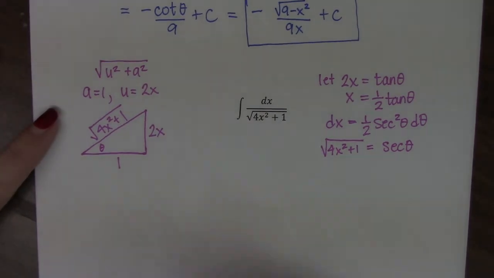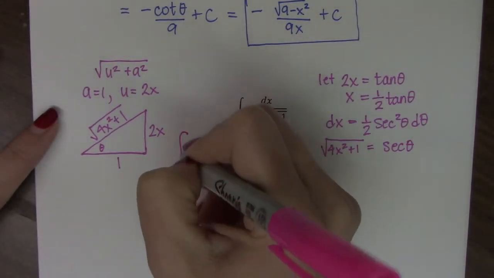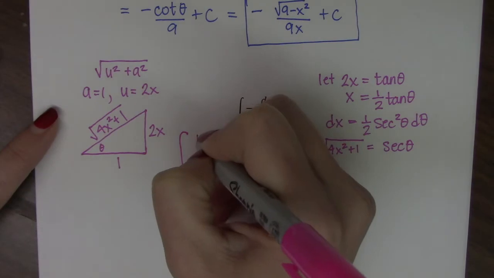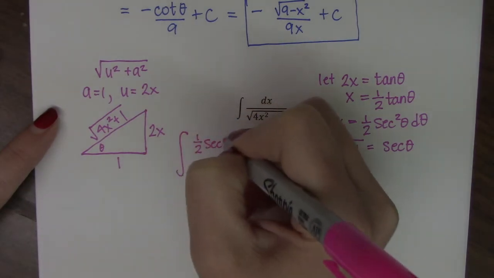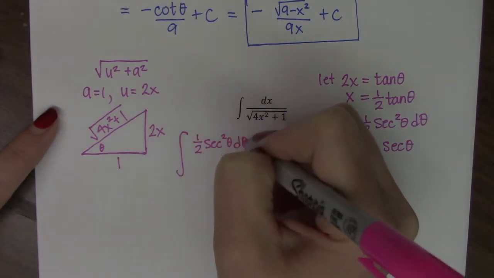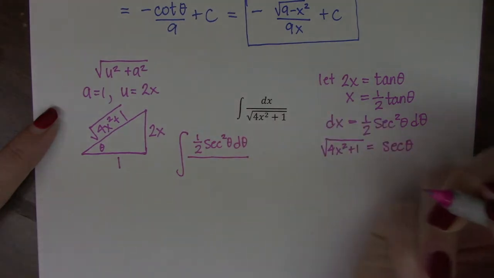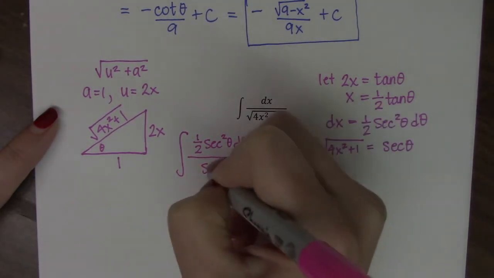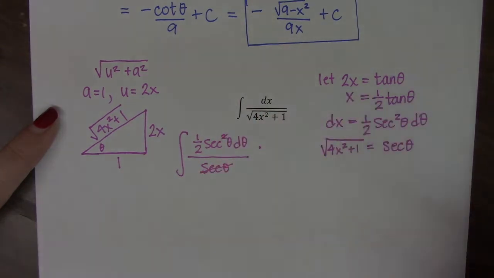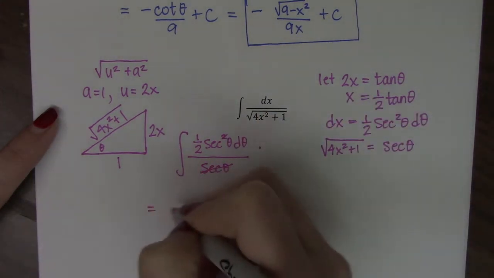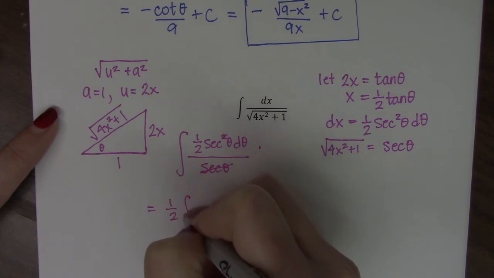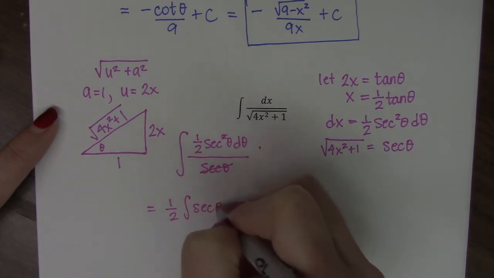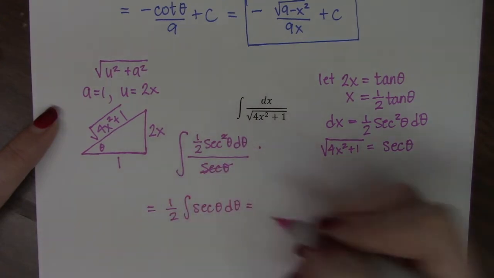So now I'm ready to translate this. So dx is 1/2 secant squared theta d theta. The denominator is just secant theta, so I can cancel one of these secant thetas. Now I just want to integrate 1/2 secant theta d theta.